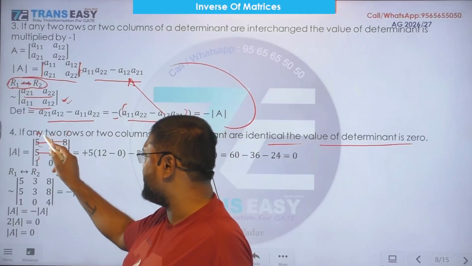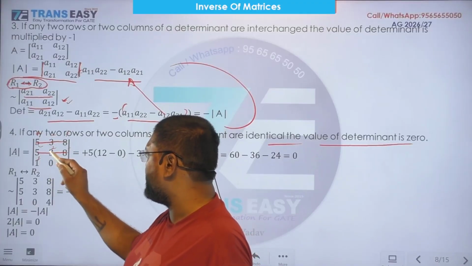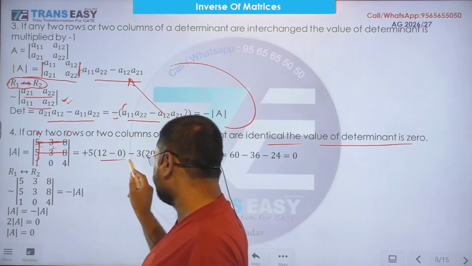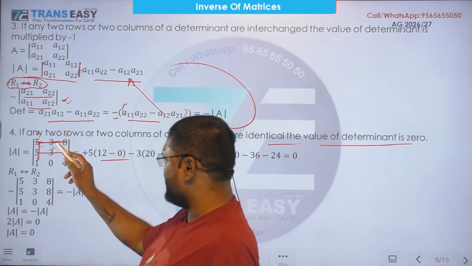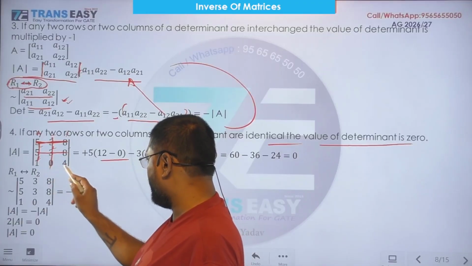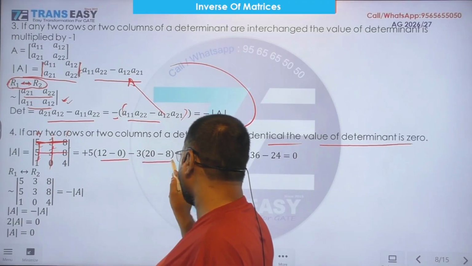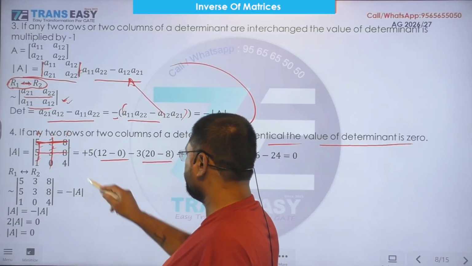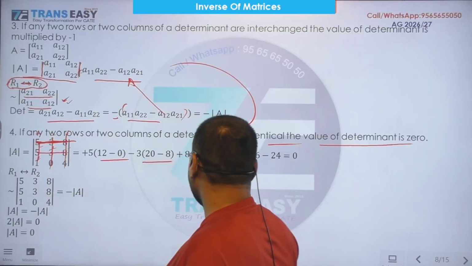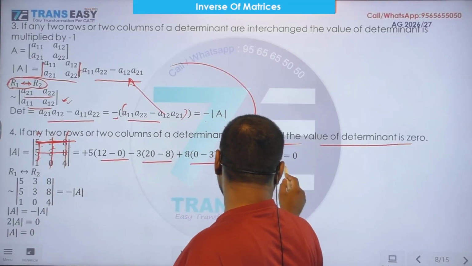So we assign sign like this: plus 5 leaving row and column, 12 minus 0, minus 3 leaving column and row, 20 minus 8, plus 8, 0 minus 3. So this is 0.